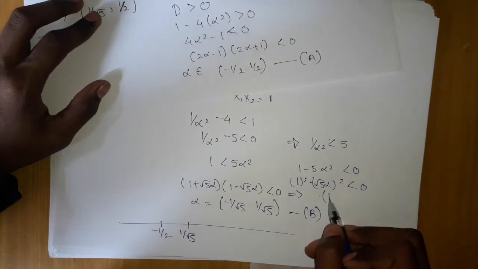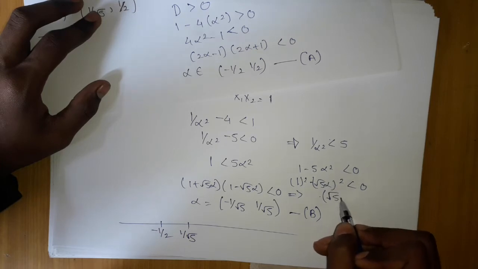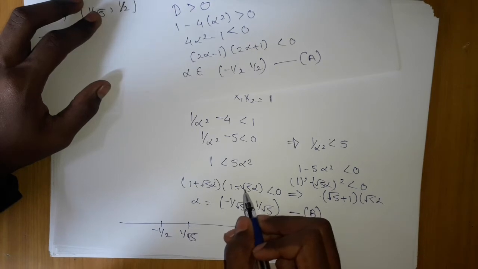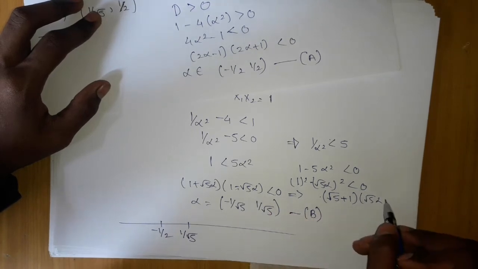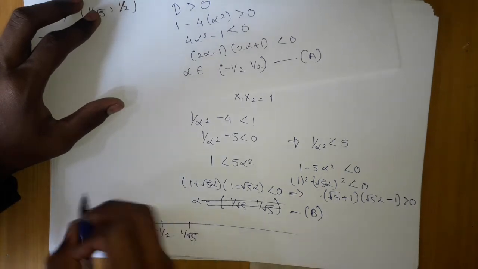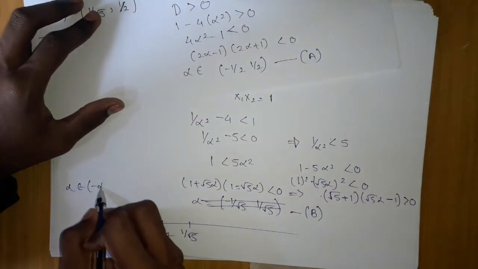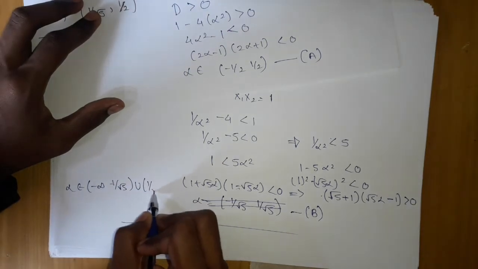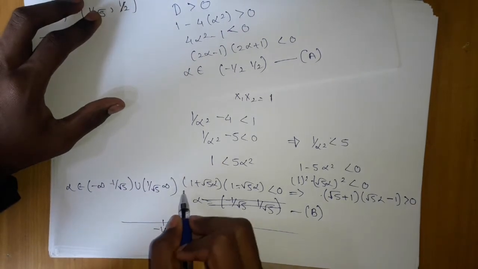This will be under root 5 alpha plus 1. There should not be any negative term multiplied with alpha, that is the rule of inequality. So this will be greater than 0, which will give me alpha belongs to minus infinity to minus 1 by under root 5 union 1 by under root 5 to infinity. Let me call it b.